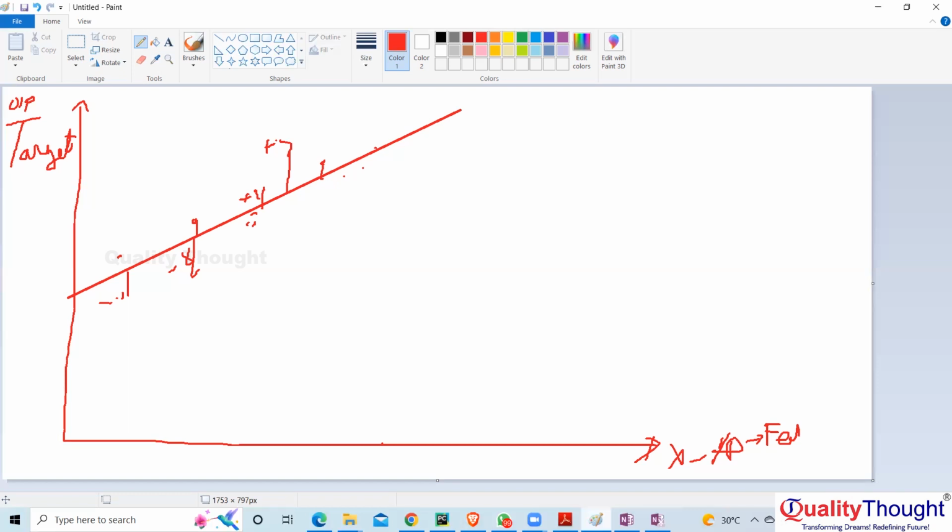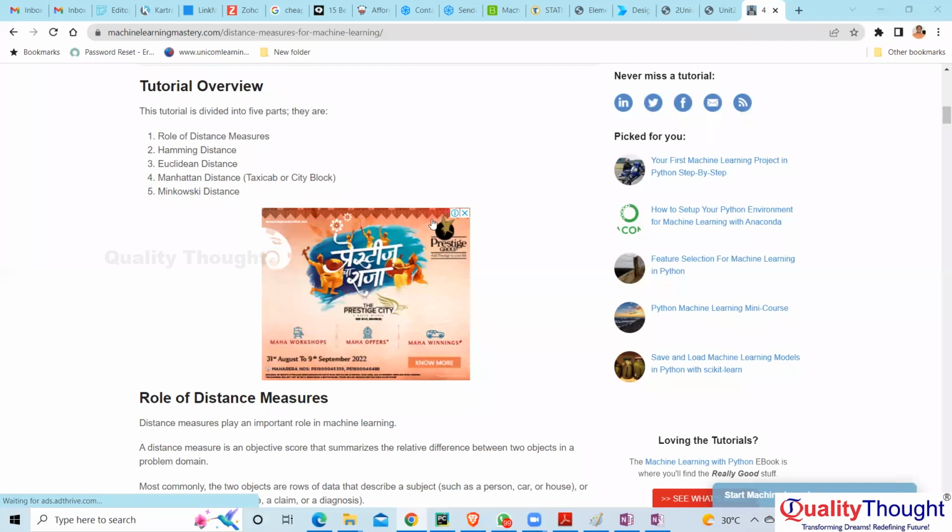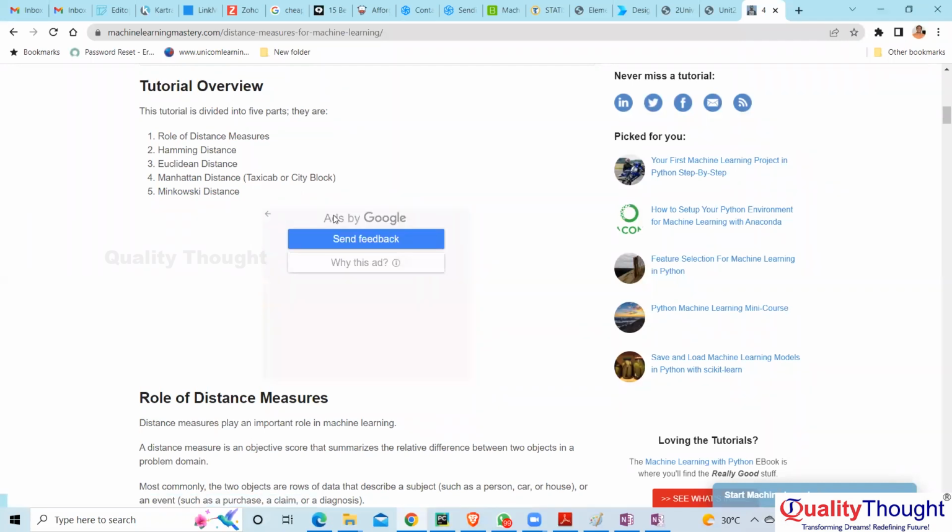Okay, so there are basically 4 types of distance, the way you measure the distance. Let's say measuring distance. Okay, you see my screen?